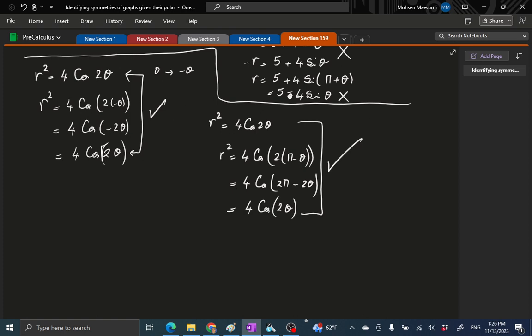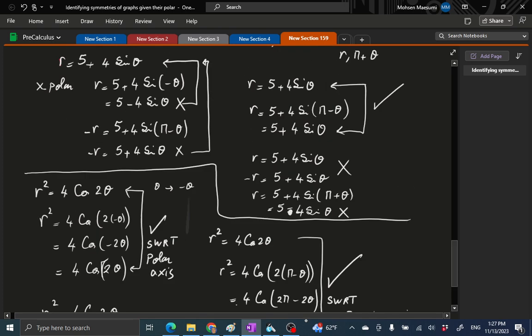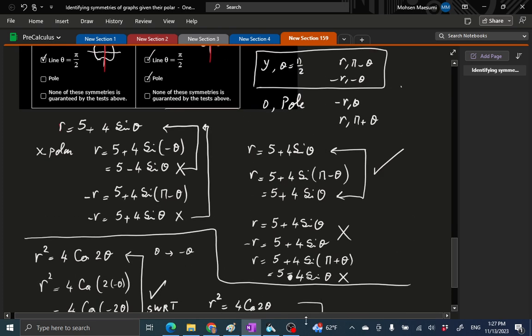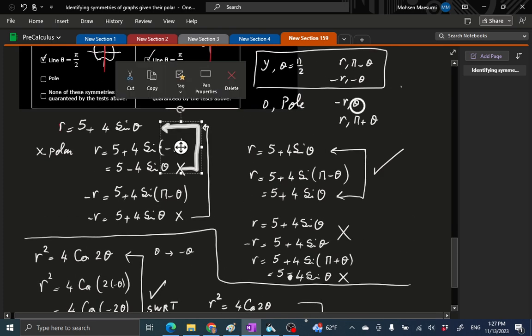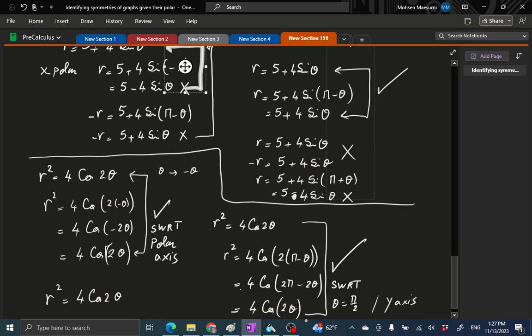So the first test meant symmetric with respect to the x-axis, or the polar axis. This one means symmetric with respect to theta equal to pi over 2, which is the same as the y-axis. And finally, again, we start with the given equation, and then we change r to minus r, for example, and that would be the fastest.